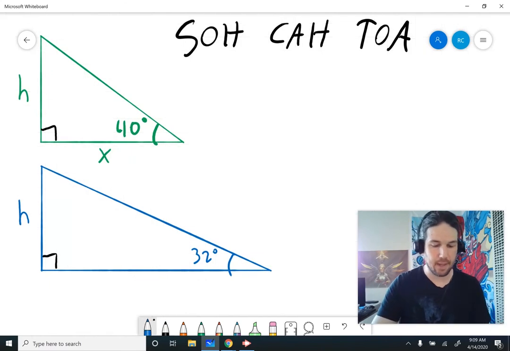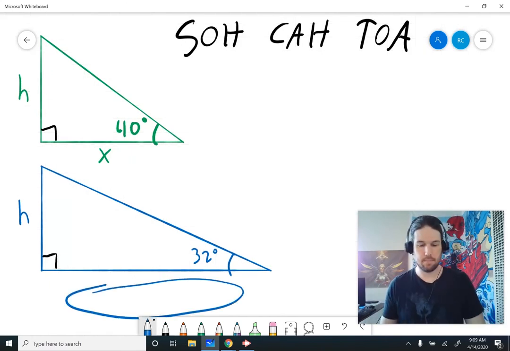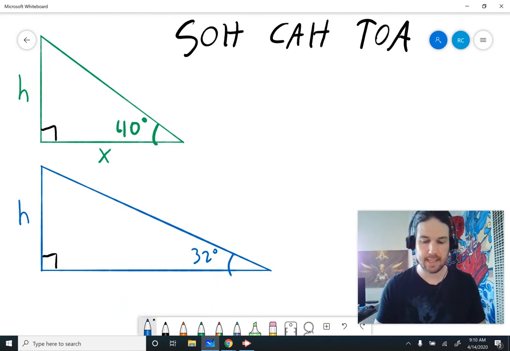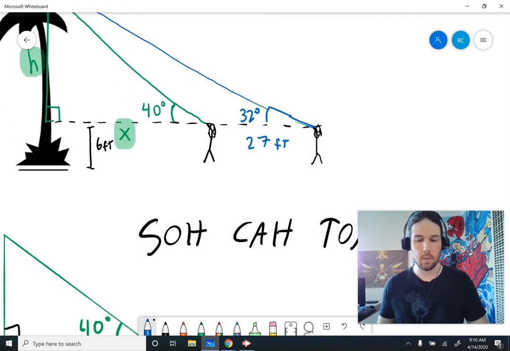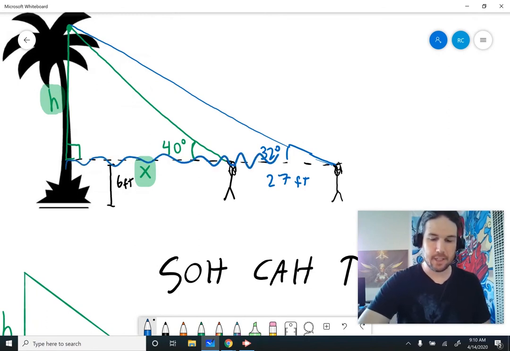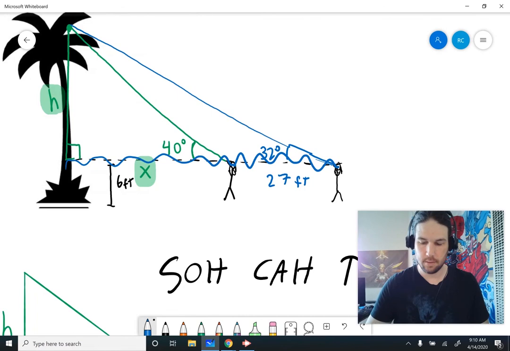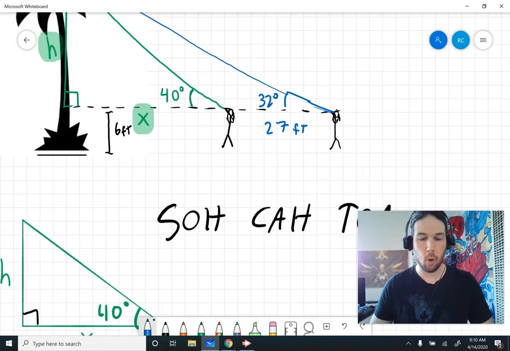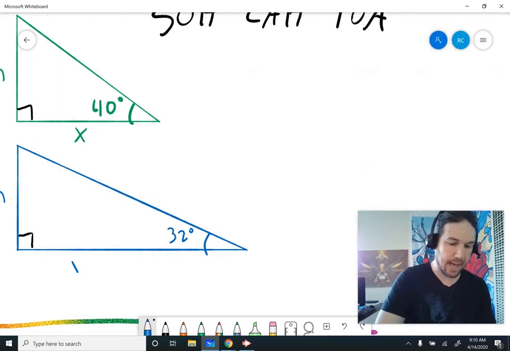I did not get the long bottom side of this other triangle. So let's get that right now. Well, let's see. If this bit is x and this bit is 27, well, then the whole thing together has to be x plus 27.